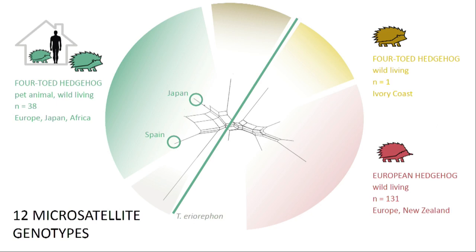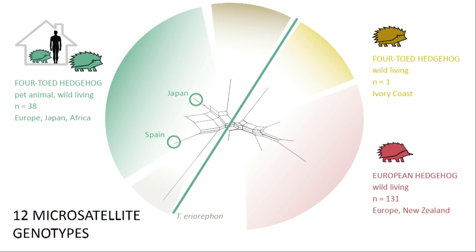This strain is weird. It also has a special ITS genotype, and also a TFA genotype. Then this one strain was collected from a four-toed hedgehog in Africa, and the rest of the strains clustering like this were collected from wild-living European hedgehogs, mainly in Europe.